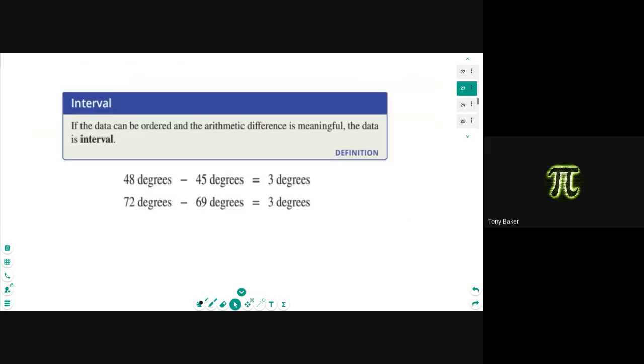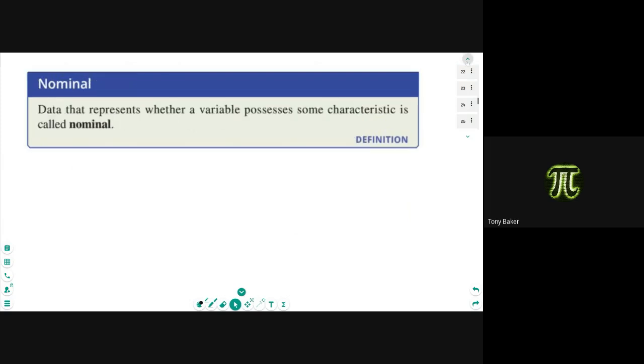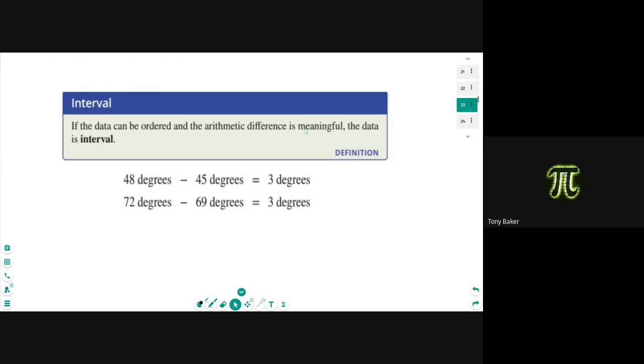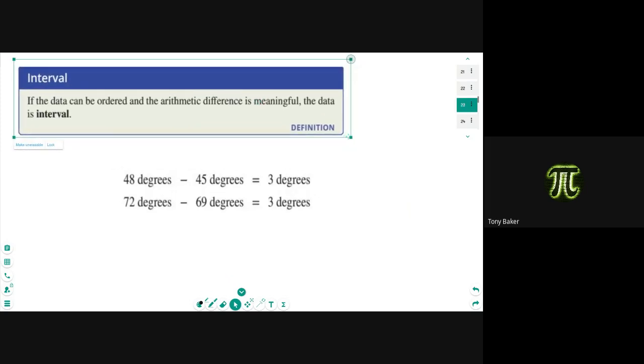All right, so the first two, ordinal and nominal, those are qualitative levels of measurement. So ordinal and nominal are both qualitative levels of measurement. The next two are quantitative. Interval is the first one.